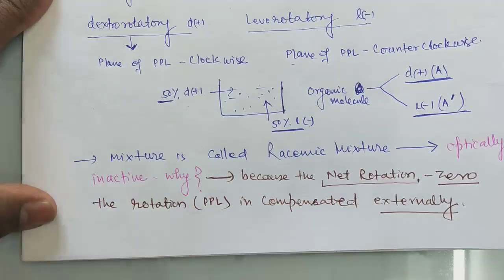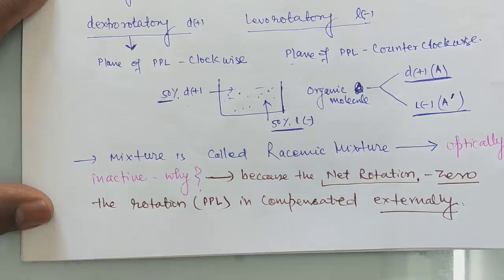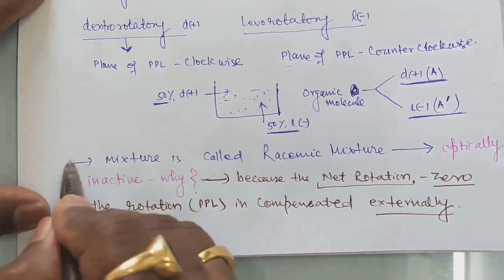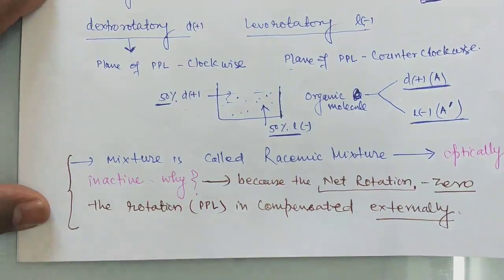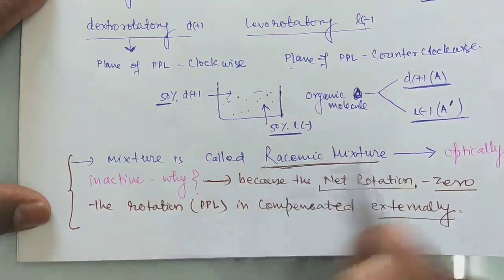So the racemic mixture is optically inactive due to external compensation of optical rotation, right? If we take a 50 and 50% mixture of dextro and levo form of any optically active molecule, the overall mixture is a racemic mixture and it is optically inactive.